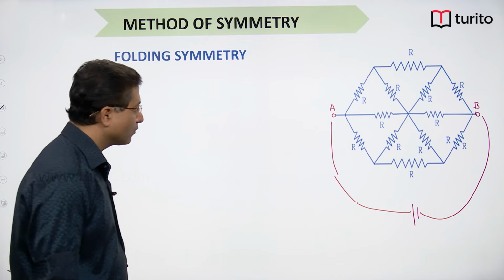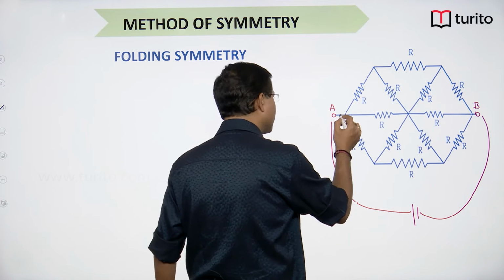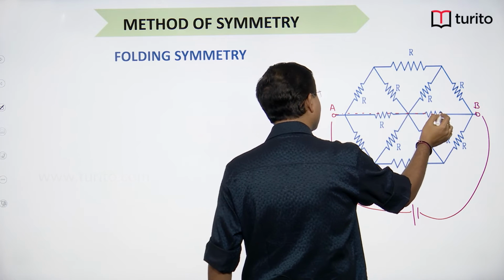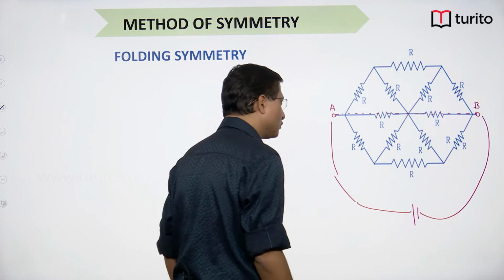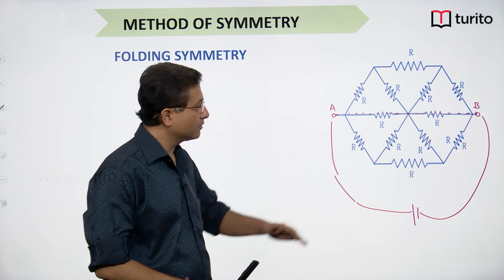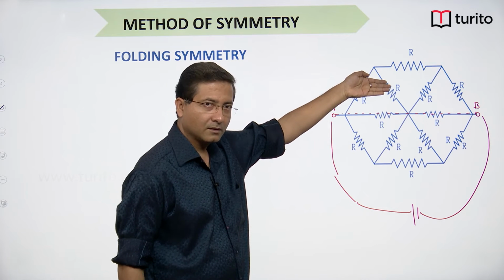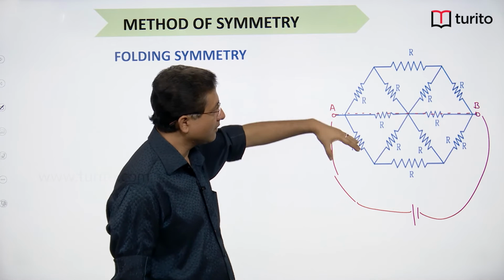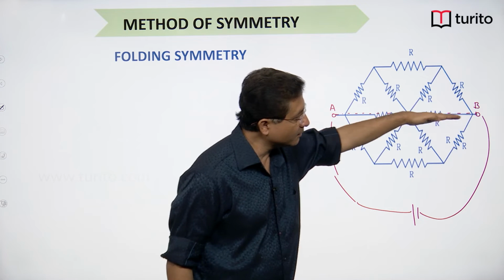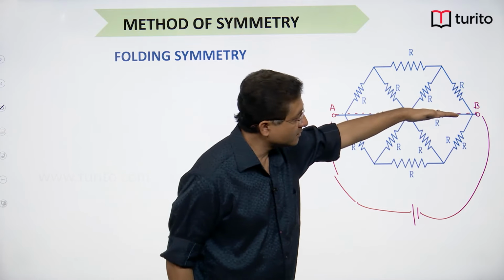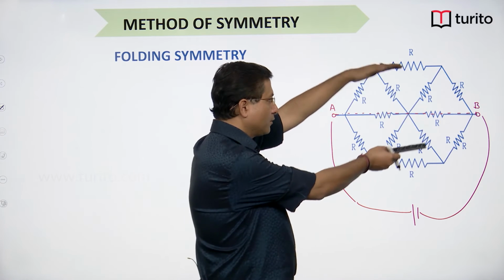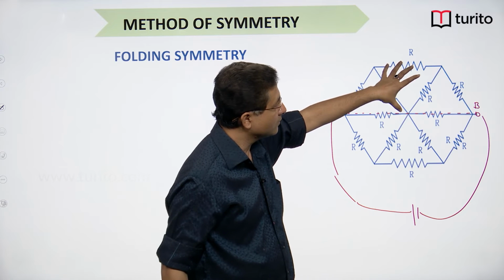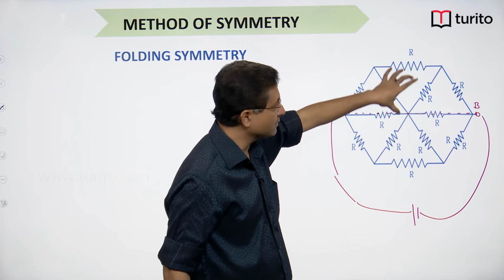From A to B, I can draw a line about which whatever I observe above it, the same thing I am observing below it. So this circuit has folding symmetry about this line. You can fold it, they are like mirror images. The mirror image of this one is here, the mirror image of this one is here.